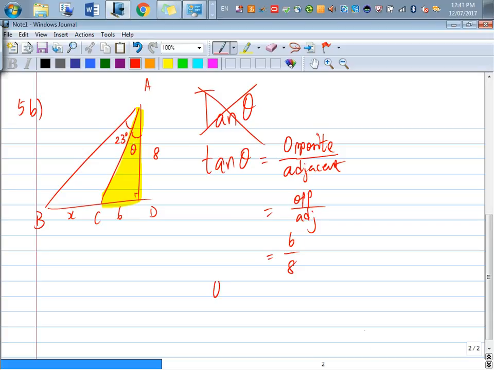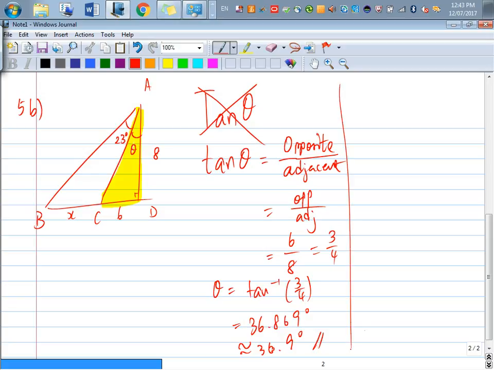So from here, theta will equal tangent inverse 3 over 4. And our value will be 36.869 degrees, 3 dp first. Then we round it off to 36.9 degrees. Okay? This is for theta.